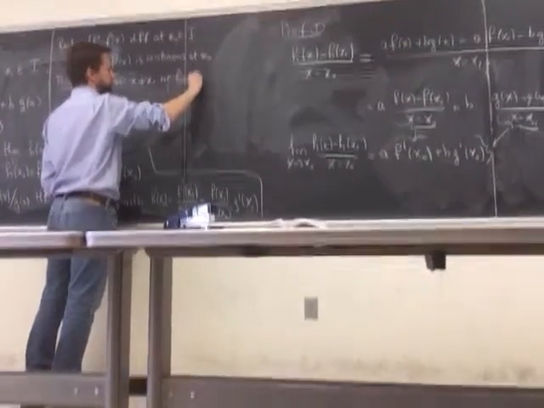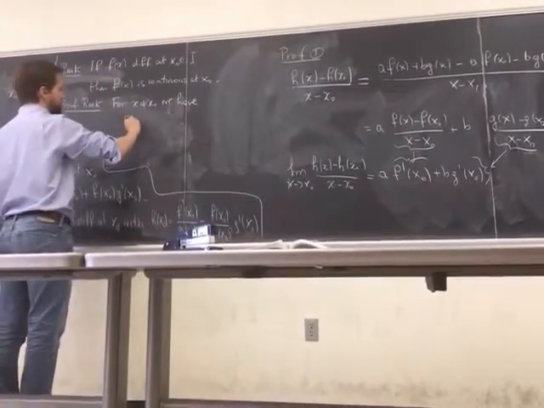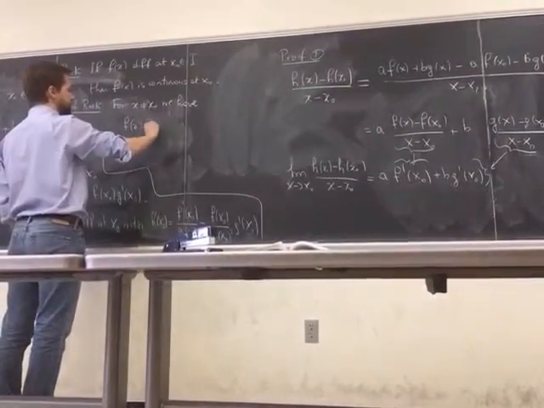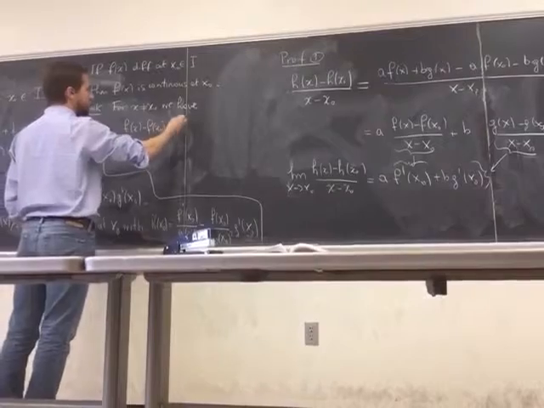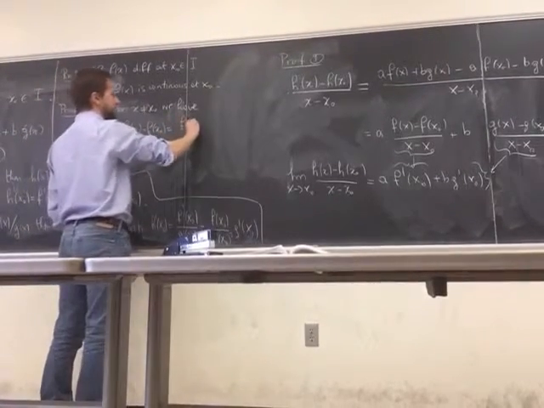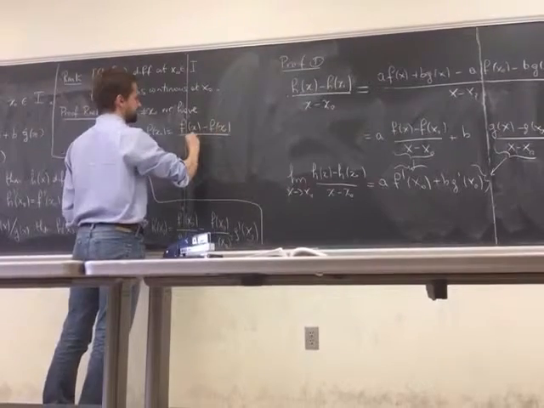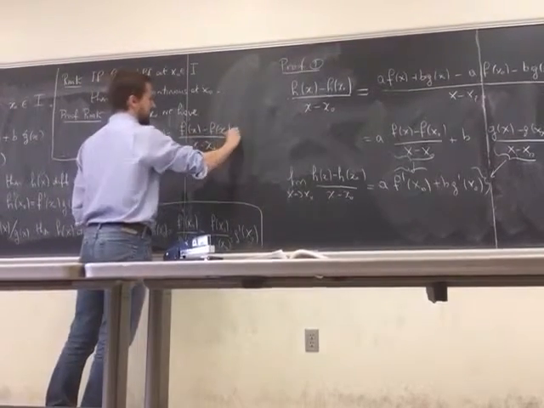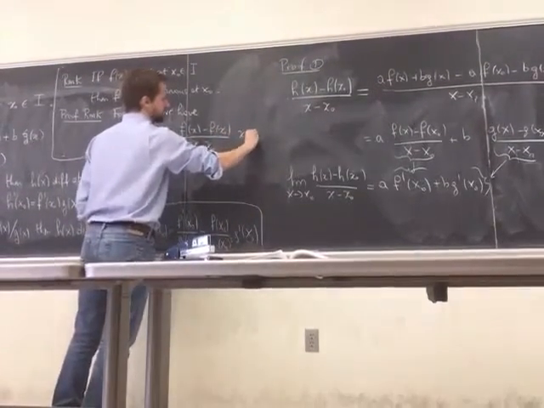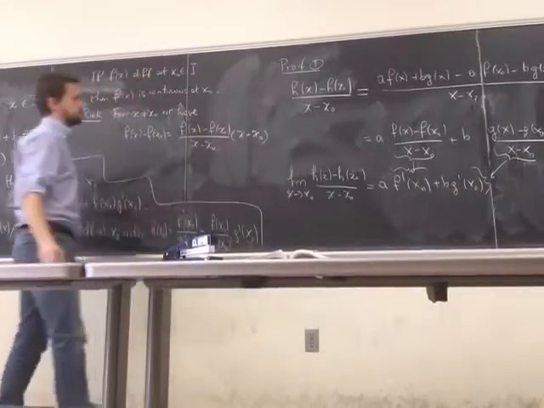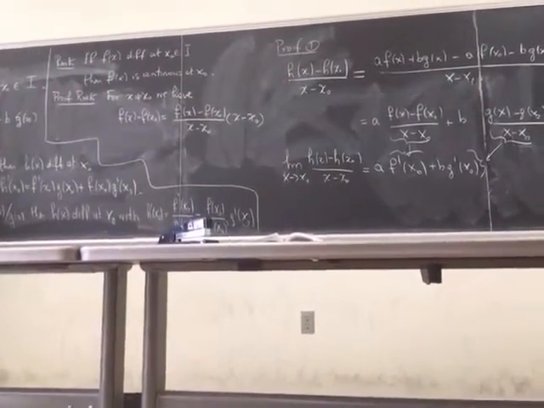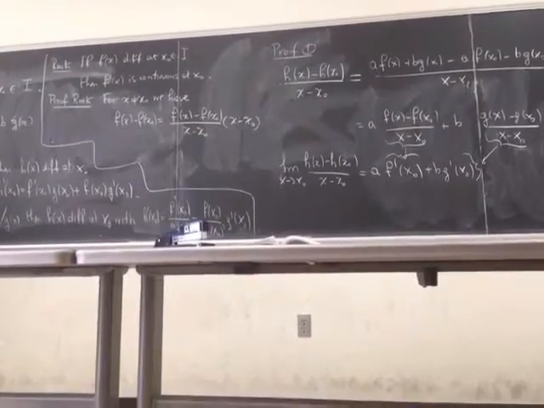We can write f of x minus f of x naught as f of x minus f of x naught divided by x minus x naught, times x minus x naught. That's not particularly deep, but it's definitely good.